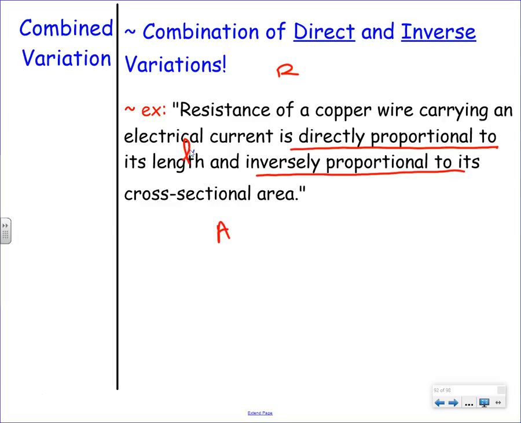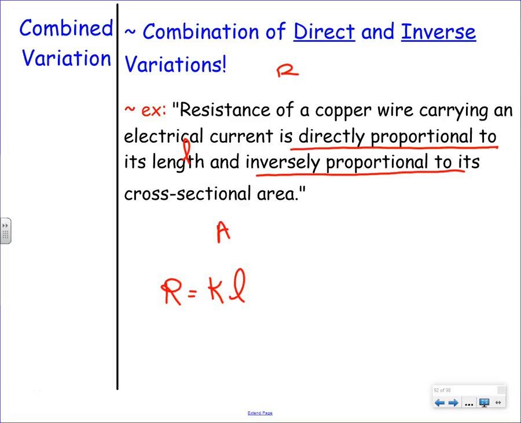Has anybody figured out the model? Or what's going on? R does equal K. Hold on, I don't have a T in here. All I have is R, L, and A. Yeah. K times L, how do we know that? Directly proportional means k times whoever's there, right?